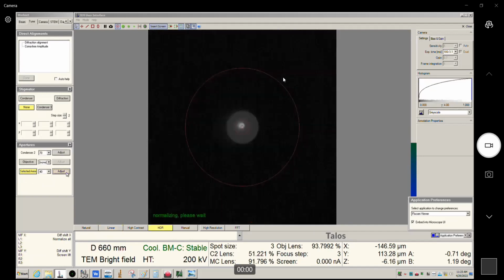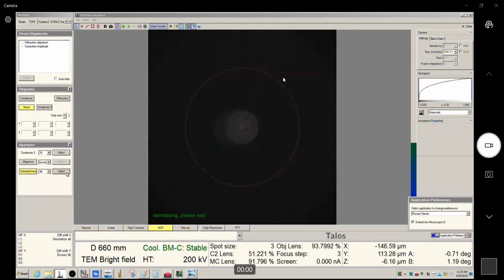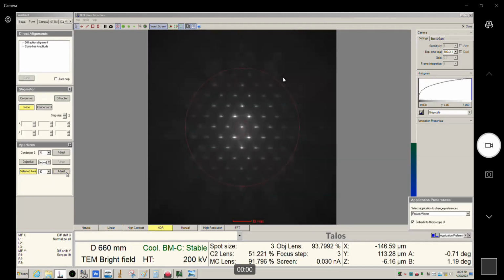Go into diffraction mode. So now we'll see. Wow, this actually looks really good here in terms of the zone axis alignment. Okay, so that's no fun for what I was trying to do.